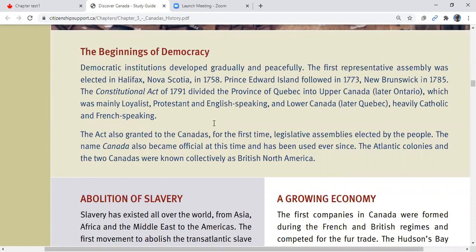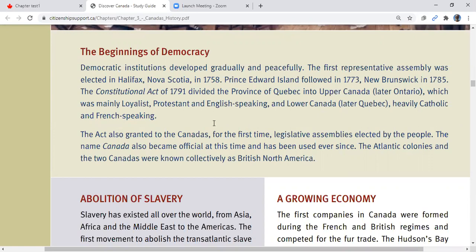The Act also granted to the Canadas, for the first time, legislative assemblies elected by the people.